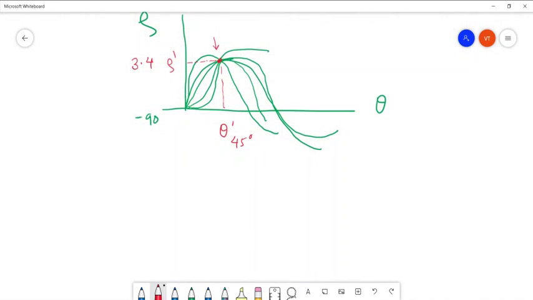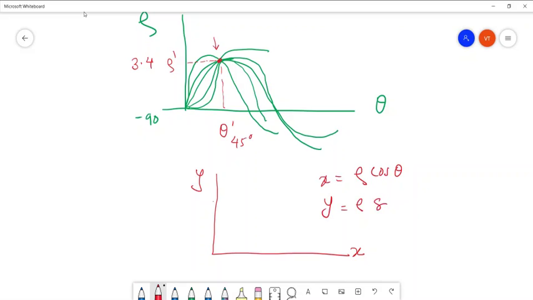So once I got this rho dash and theta dash, I have to plot this line in terms of x and y. Now what is the formula for x in terms of rho and cos theta? So x is equal to rho cos theta. You must have studied this in maths. And y is equal to rho sin theta.